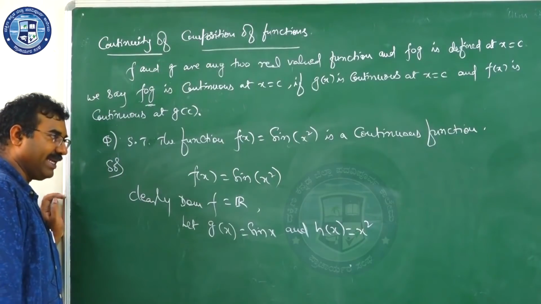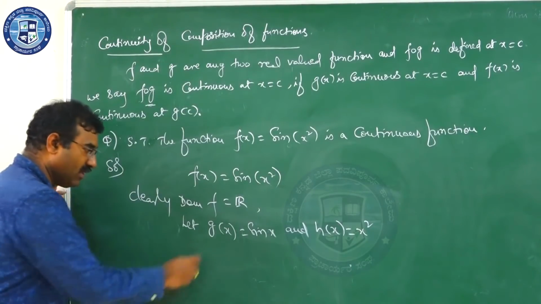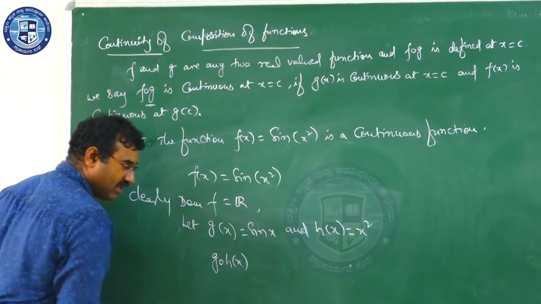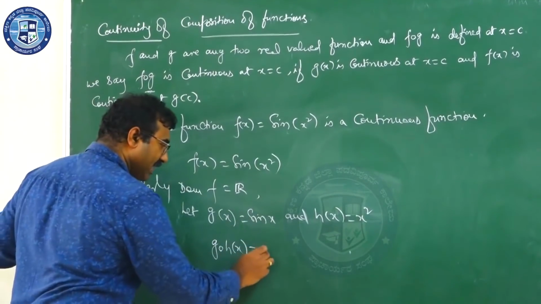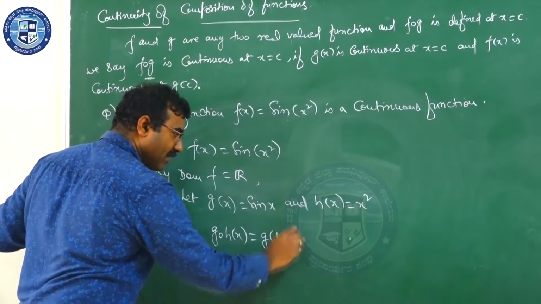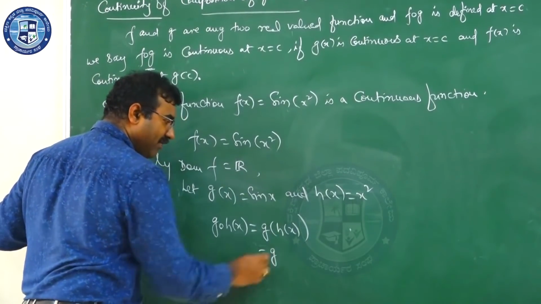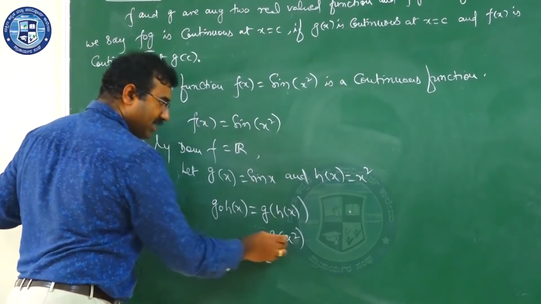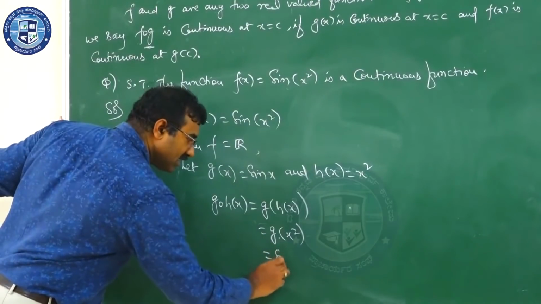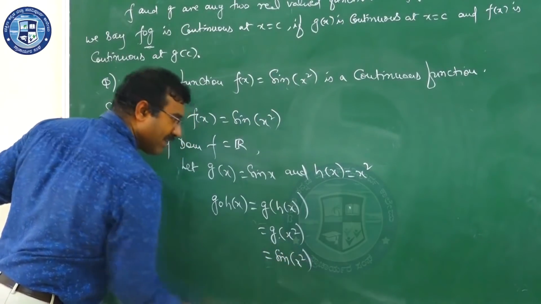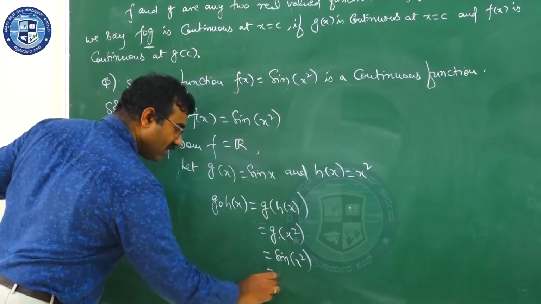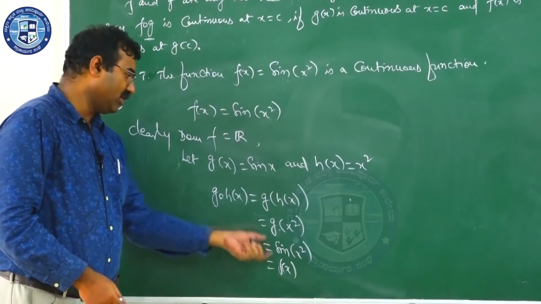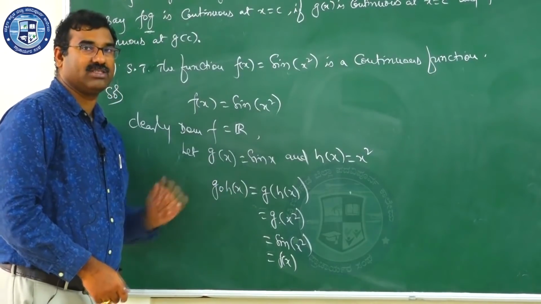If I take g composition h of x, that means g of h of x, what am I getting? g of x square is going to be sin of x square, which is the same as f of x. So that means we have taken f of x as a composition of two functions g and h.